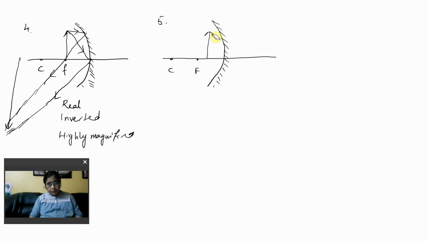So, rule number 1 and 4. Rule number 1, this ray is incident here. How does it go? It has to go through the focus, right? So, this. Now I will take rule number 4. What is rule number 4? The ray which is incident on the pole is reflected with the same angle.